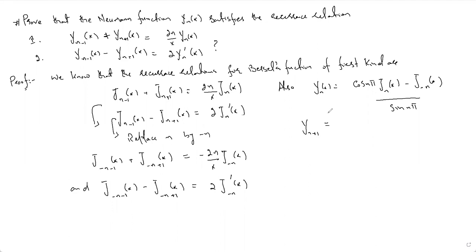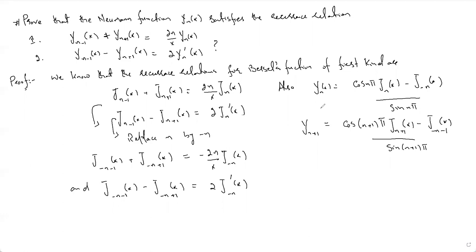Just replace n by n plus 1: cos of n plus 1 into pi, Jn plus 1 of x minus J minus n minus 1 of x, divided by sine of n plus 1 into pi.